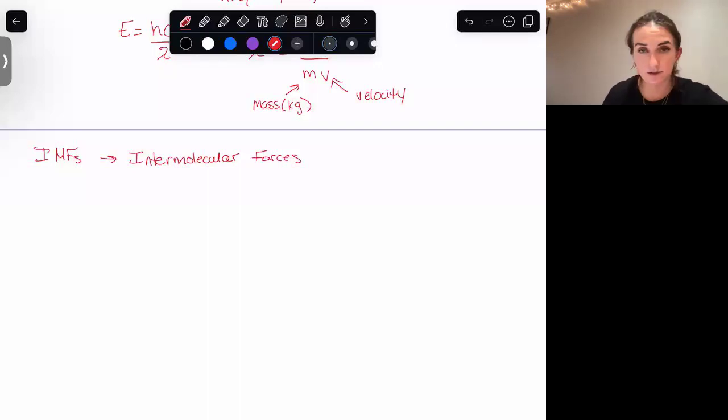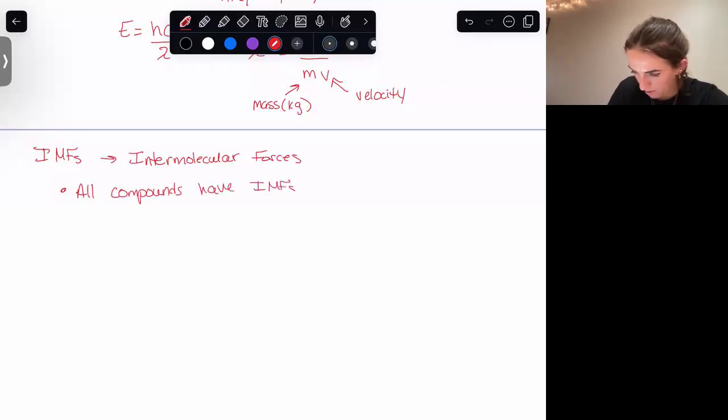So for this case, a couple important things to note is that all compounds have IMFs. What is this IMF called?